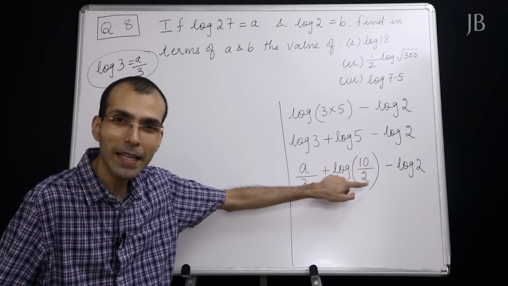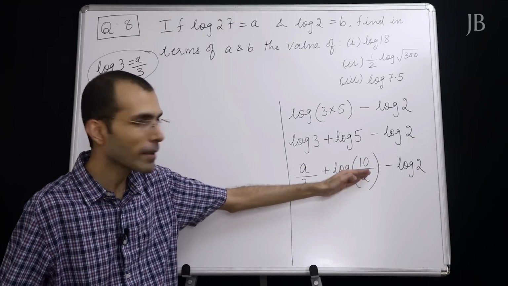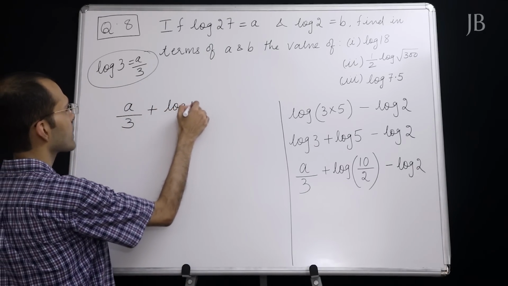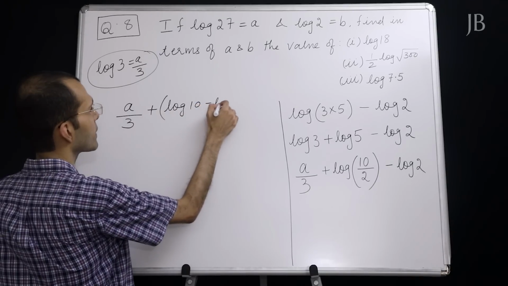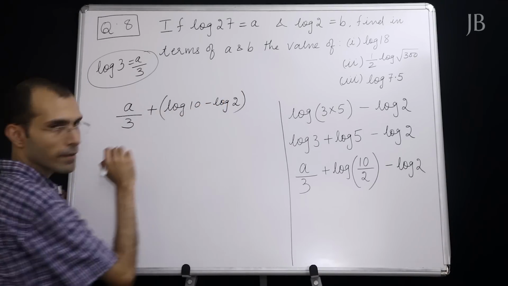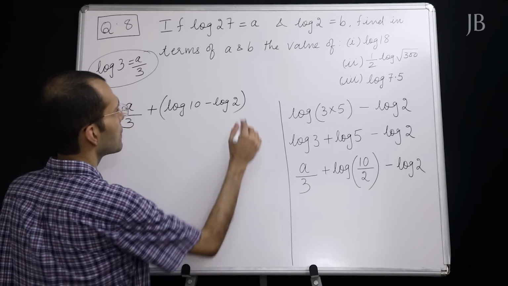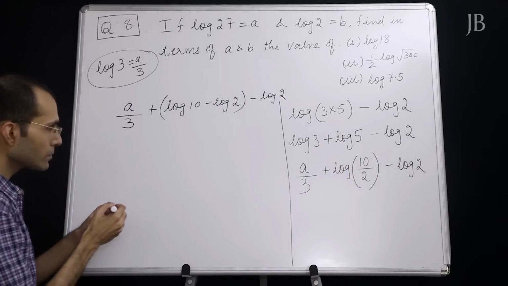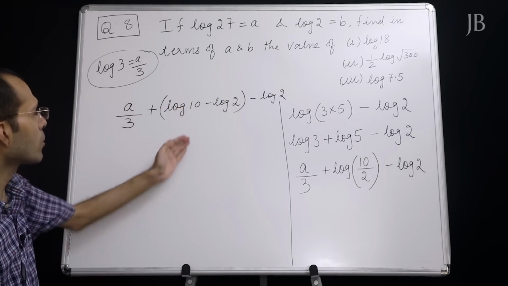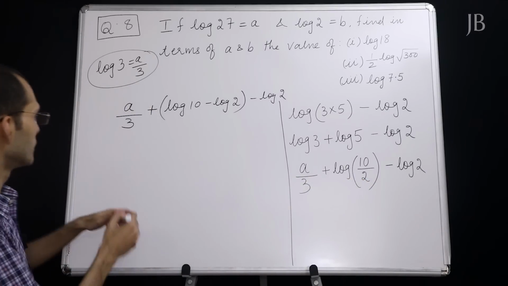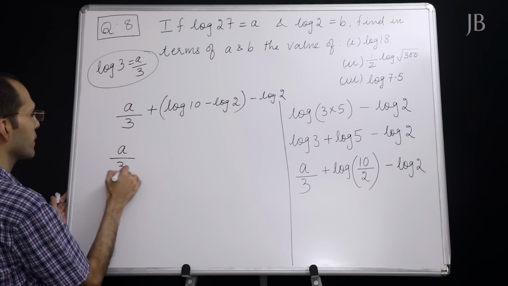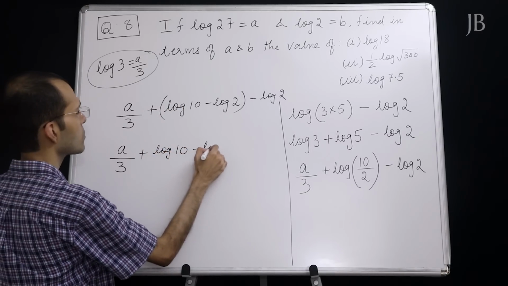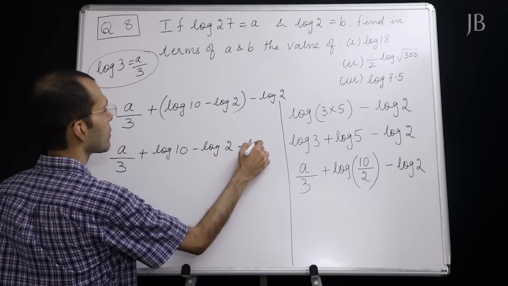This is log of a by b. That will be log a minus log b. So this will be plus log 10 minus log 2, isn't it? Minus log 2. This log 2 comes from here. So log 10 minus log 2 will be log of 10 by 2, that is this. This will be a by 3 plus log 10 minus log 2 minus log 2.